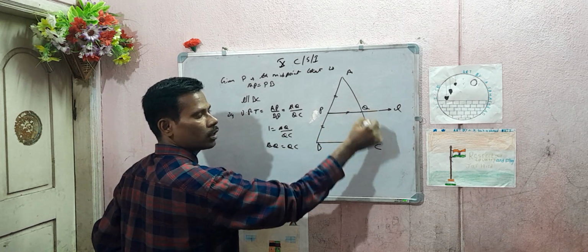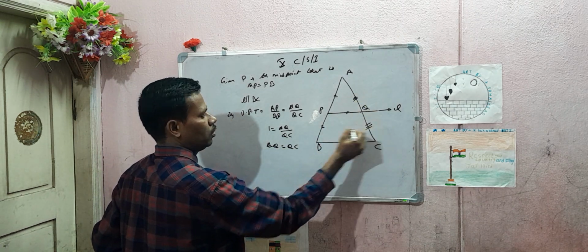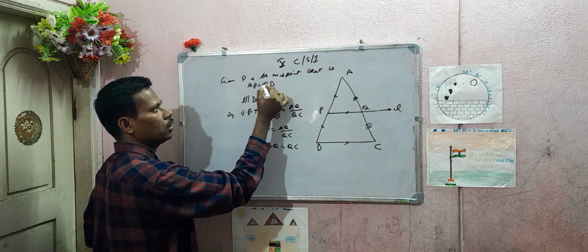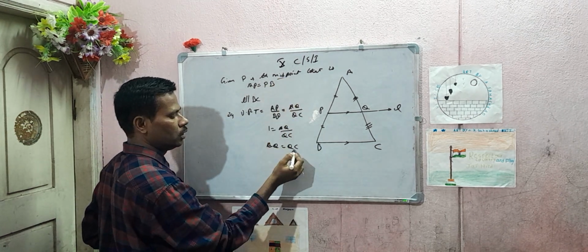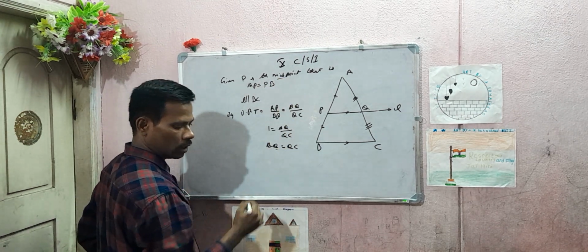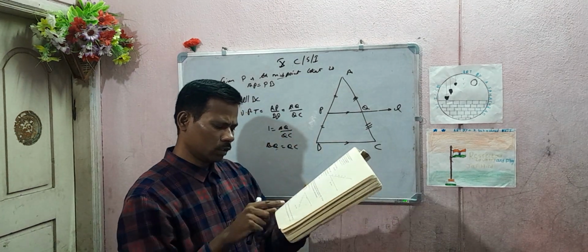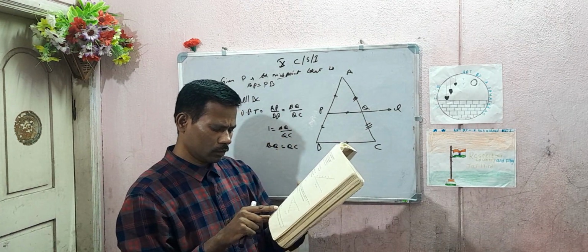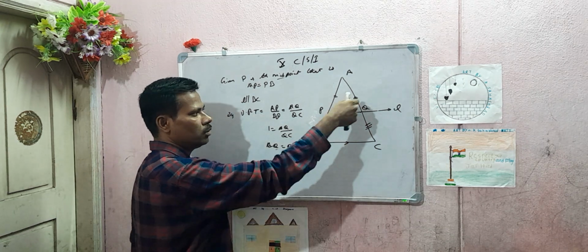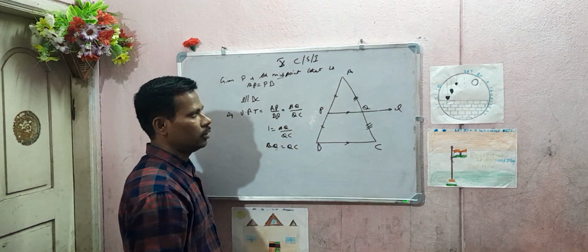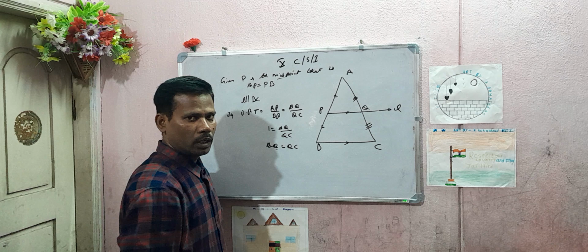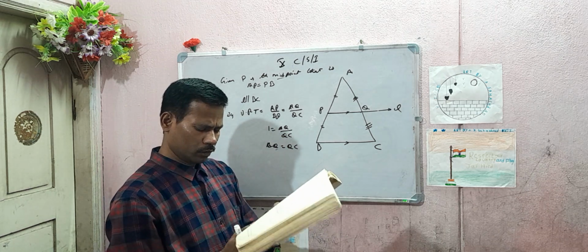Now Q becomes the midpoint. Why did I get 1? Because it is given that P is the midpoint. Now come back to this: it bisects the third side. Finished. The very first problem is finished.